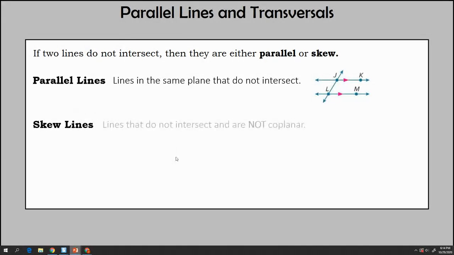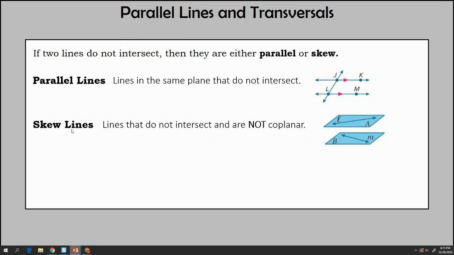Okay, skew lines. Skew lines also are lines that don't intersect, but for these guys, they're not in the same plane. So take a look at this. If you can imagine that plane A and B are parallel to each other, then there's a line that exists in plane B and one that exists in plane A. They're not parallel to each other, but they don't intersect each other either. So those are skew lines.